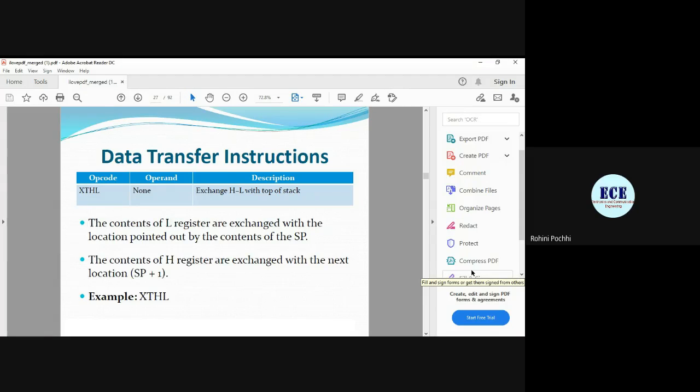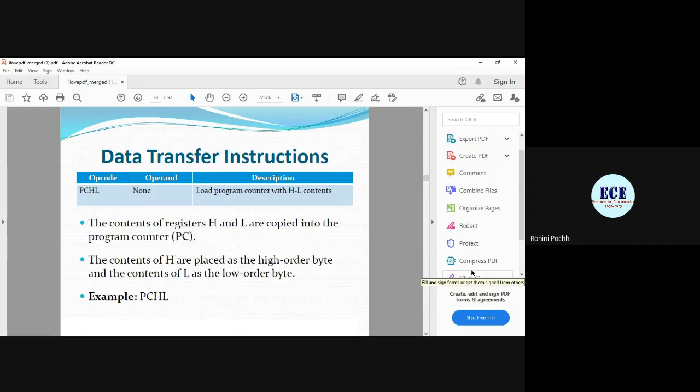Exchange HL with top of stack means whatever data is present at the top of the stack will be exchanged with the HL pair. The content of the L register is exchanged with the location pointed to by the content of the SP. The content of the H register is exchanged with the next location, that is SP plus 1, which means the stack pointer will be incremented by 1.